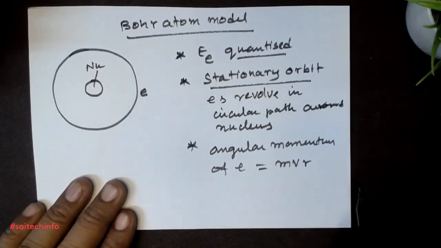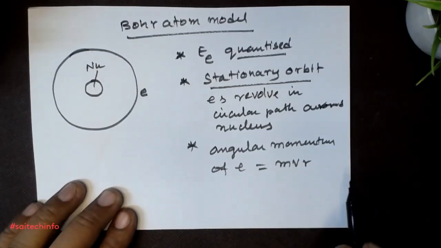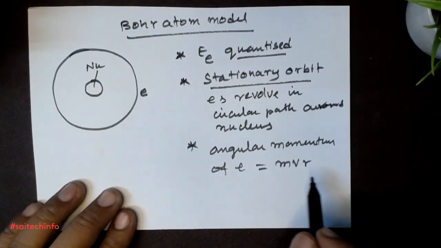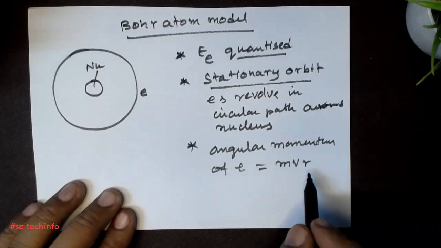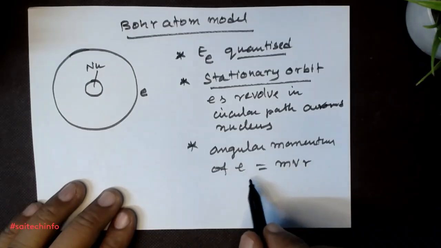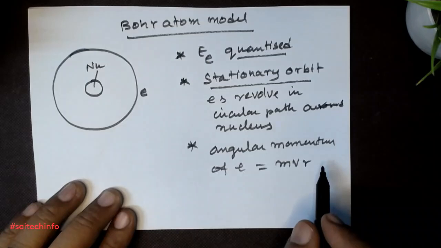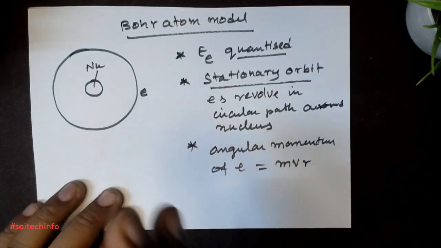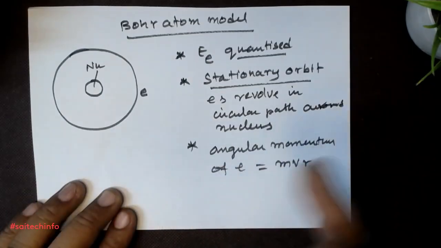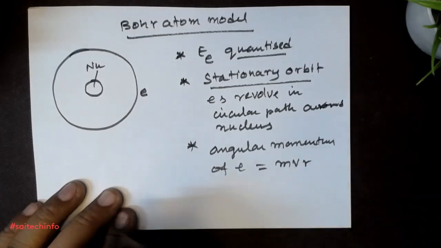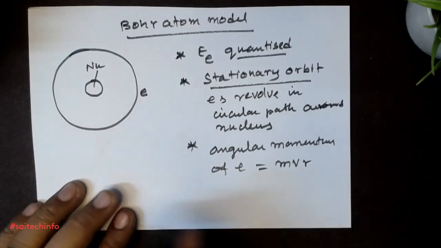It is given by mvr. Take down, where m is the mass of the electron, v is the velocity of the electron, r is the radius of the circular path. Okay, because they are revolving in various orbits, various circular paths, circular orbits.